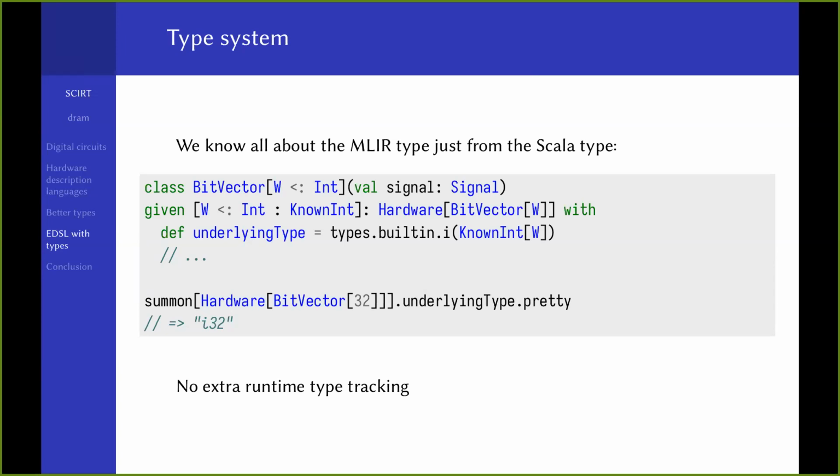It will just take the W type like 32 and make it an integer, a Scala value-level integer. So we can pretty print this underlying type. Pretty printing the underlying type of bit vector of 32 will actually just give I32. And you notice here that there is no actual runtime type tracking. The only field in the bit vector of 32 is the signal name itself.